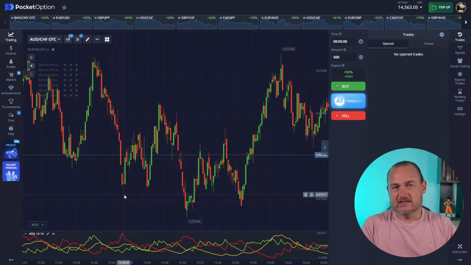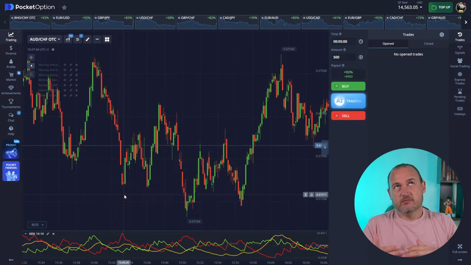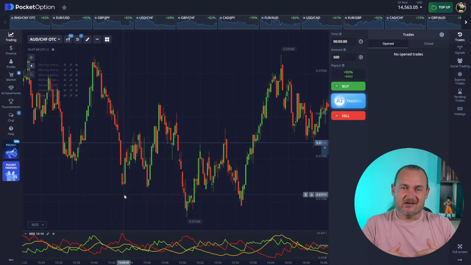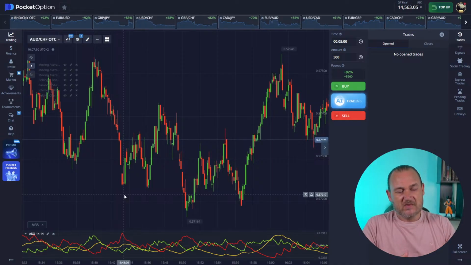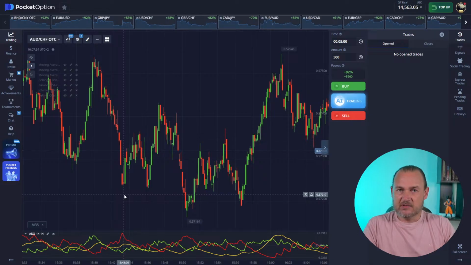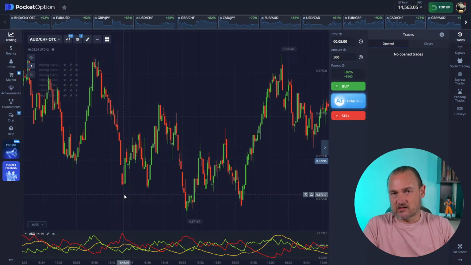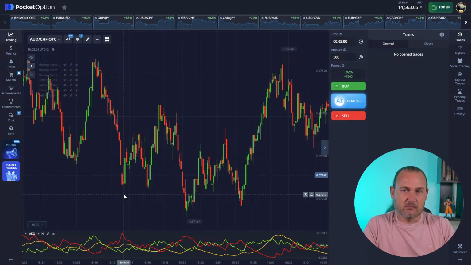The reason for this is because the ADX itself shows us the strength of the move. When we get these massive, sharp spikes on the DI plus or the DI minus, but the ADX is fairly low still, it's telling me that there's not a lot of strength behind that quick sell, or not a lot of strength behind that quick buy.